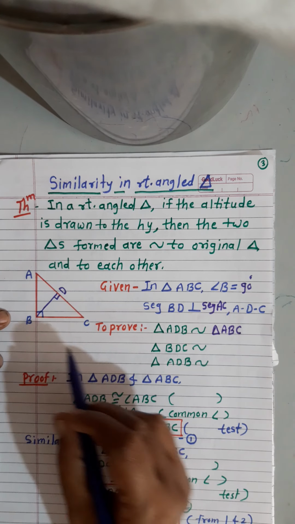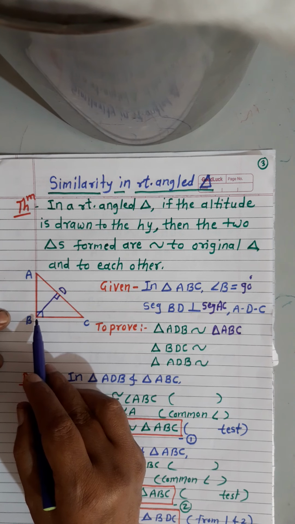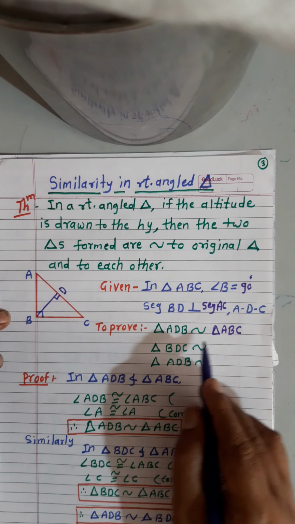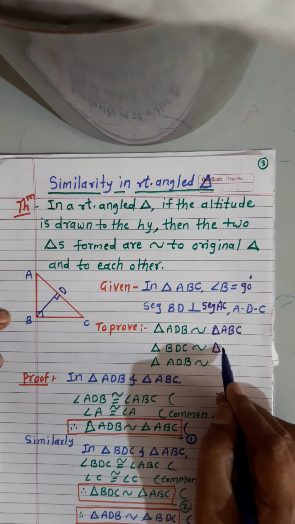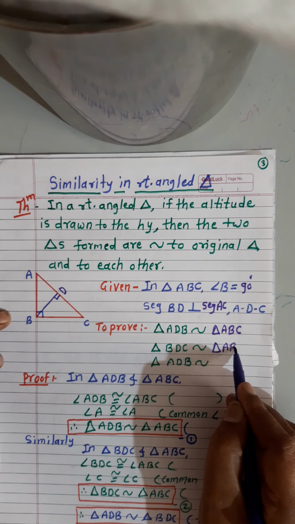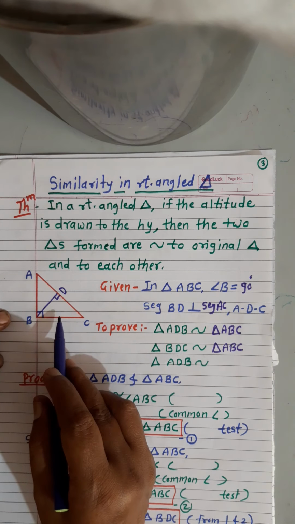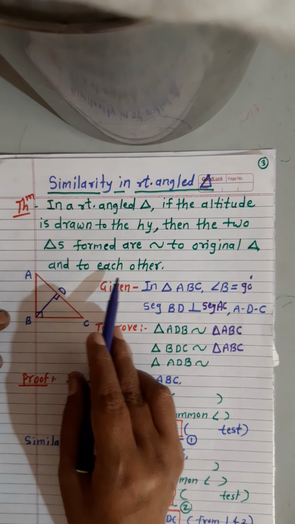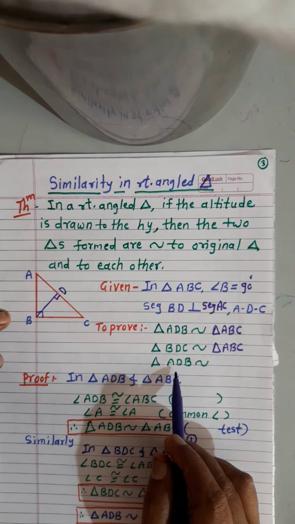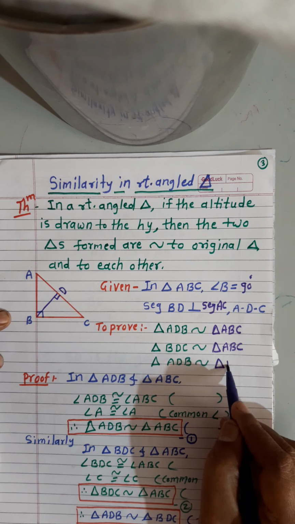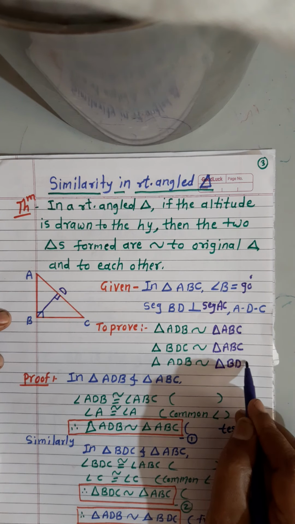Also the second triangle, triangle BDC, is also similar to the original triangle ABC. And also these two smaller triangles are similar to each other. Means triangle ADB is similar to triangle BDC. We have to prove this.